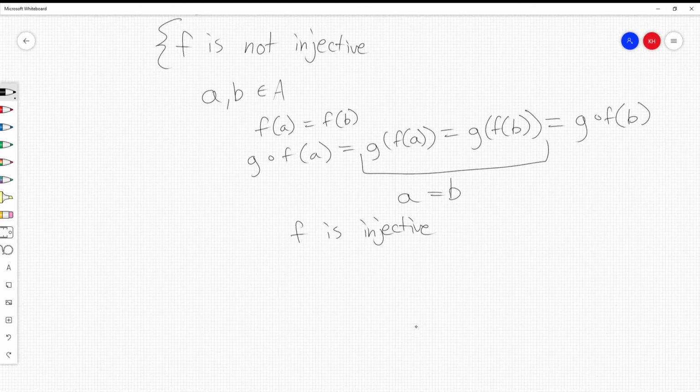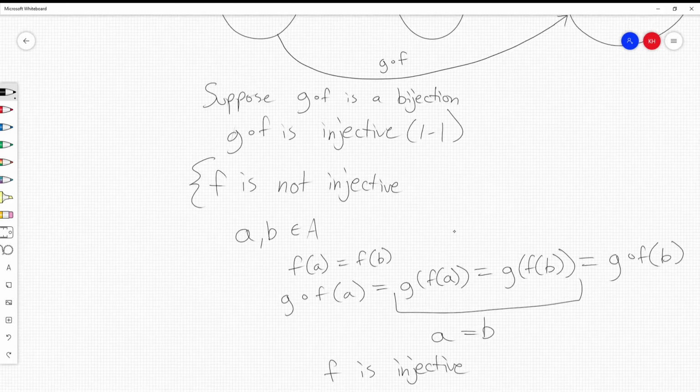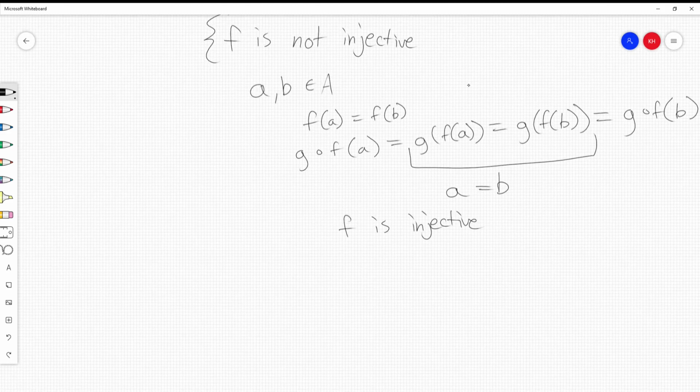All right. Going on to the second portion, we're going to assume that g composed of f is surjective, meaning it's onto. All right.